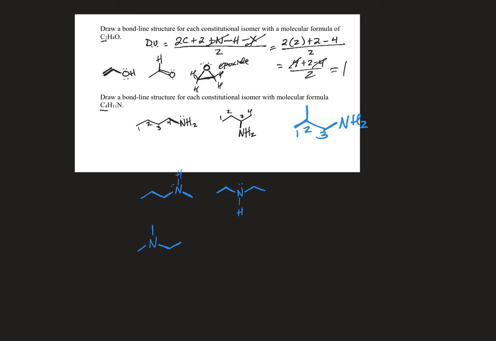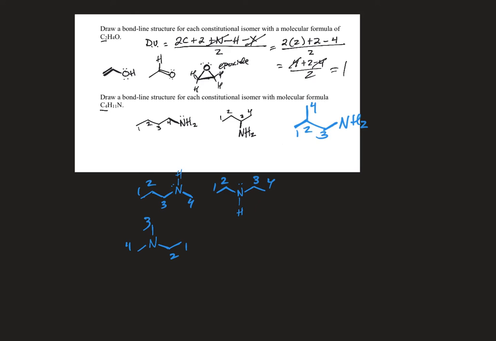Let's see, 1, 2, 3, and then 4. So 4 is bonded to 2. 1, 2, 3, 4. 1, 2, 3, 4. There we go. Okay. 1, 2. You can see if I do this, the NH2 is bonded to 3. And although it looks different than that one, it's actually the same.